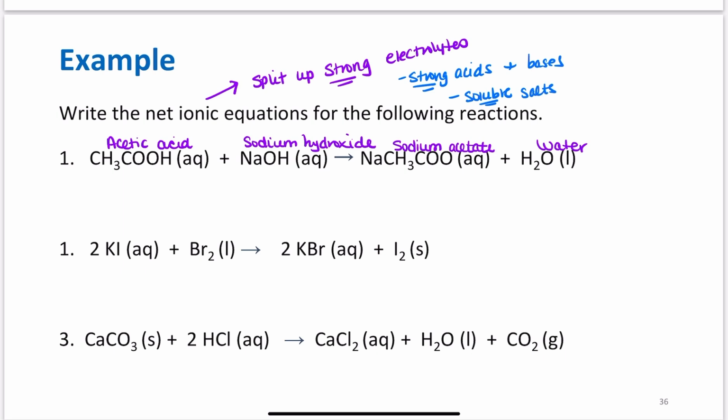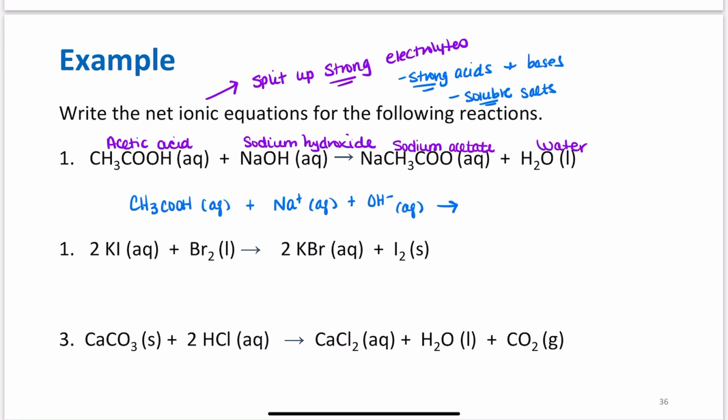Acetic acid is not one of those. It is a weak electrolyte, so we leave it together: CH3COOH, aqueous. Sodium hydroxide is strong, so we split it apart: Na plus and OH minus.